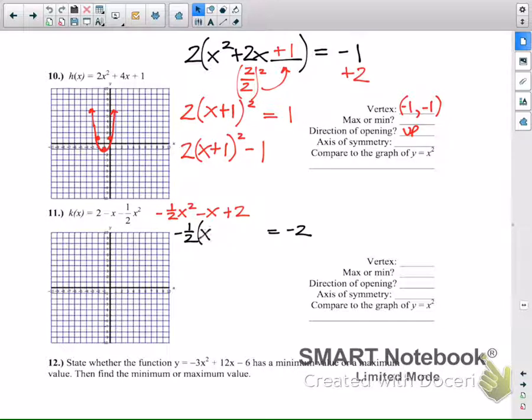Multiplying by -2. So if I multiply this by -2, what's it going to give me? +2x in this case. So that's kind of how you're going to factor when it's a fraction. You're going to multiply by the reciprocal mentally.